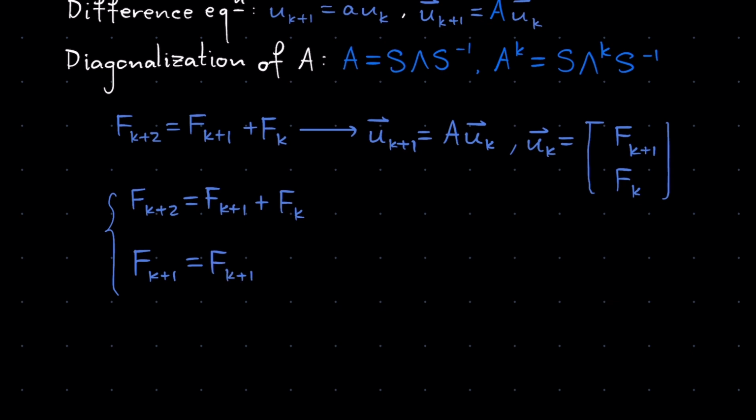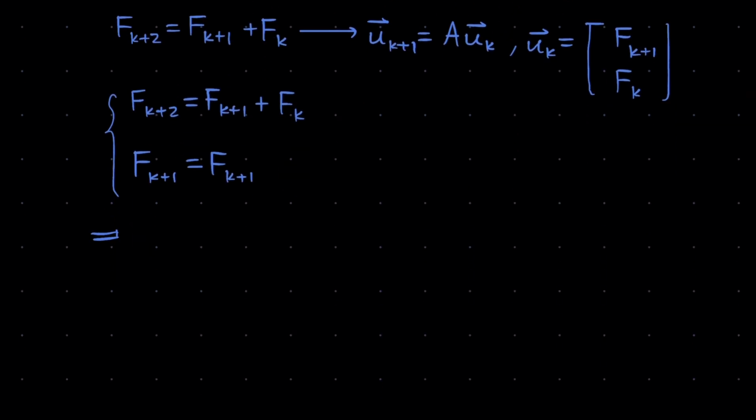What we've derived over here is a matrix vector multiplication. That's where the matrix originally came from, right? So we can directly write this as f of k plus 2, f of k plus 1 is equal to 1, 1, 1, 0. That's our Fibonacci matrix.